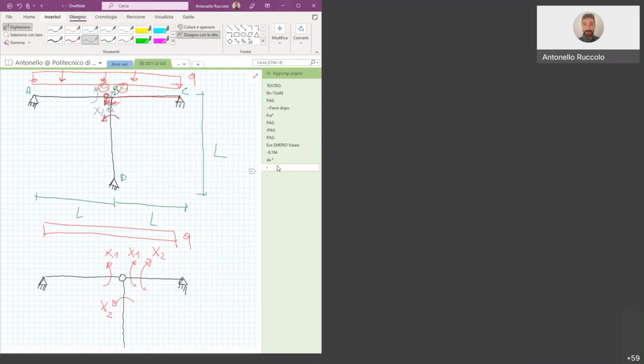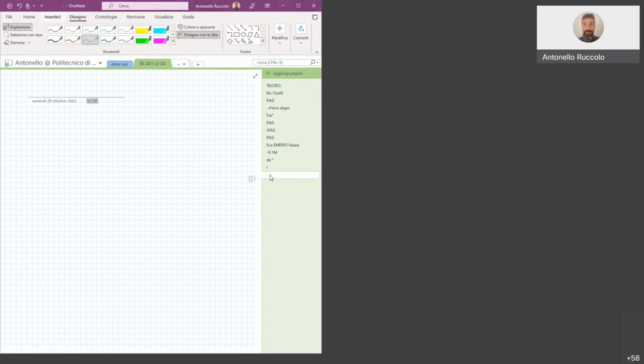So we want to restore the zero mutual rotation in the node B of beam AB with respect to BC, and the mutual rotation of the beam BD with respect to the beam BC. So we can write it. Okay, let's start with the superposition principle. So we can identify all our terms.